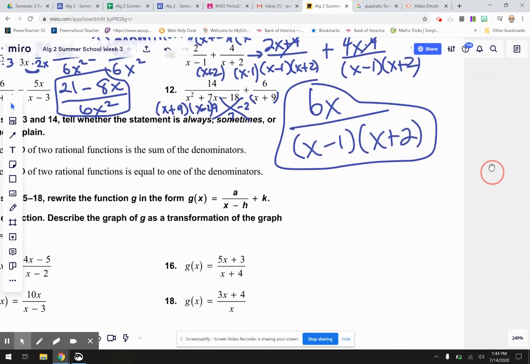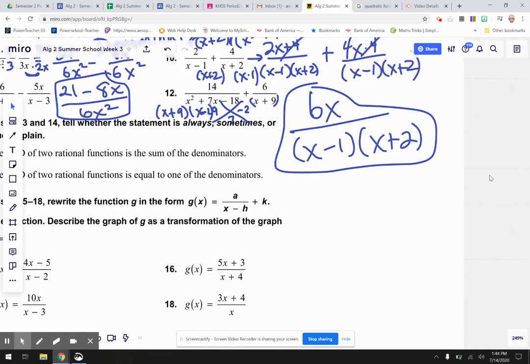So we're going to use our common denominator. Let me move this up like this so you can see it down here. Okay, so the common denominator is going to be x plus 9, x minus 2. That's going to be in both fractions.